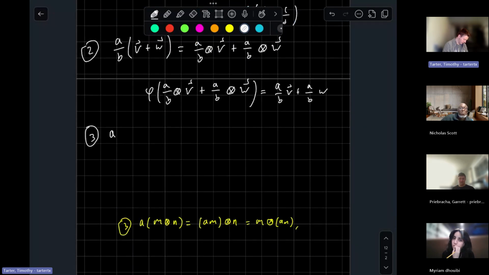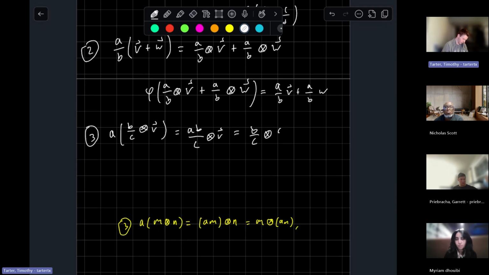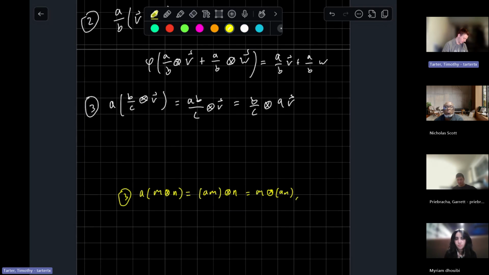So it's just A times B over C tensor product V is equal to AB over C tensor product V is equal to B over C tensor product A V, and then phi of AB over C tensor product V is equal to AB over C V is equal to phi of B over C tensor product AV.